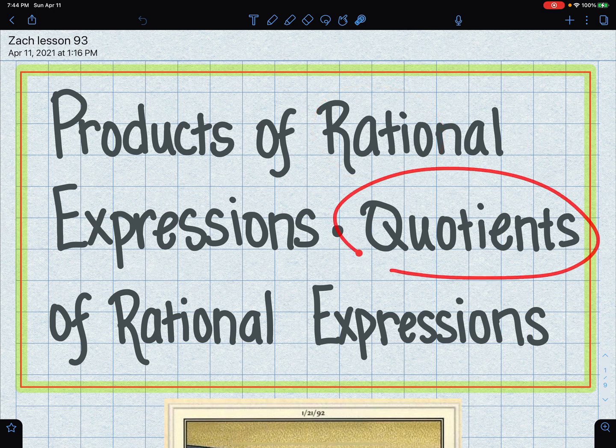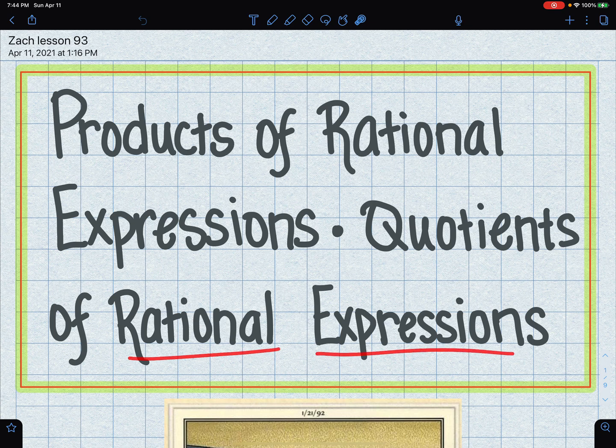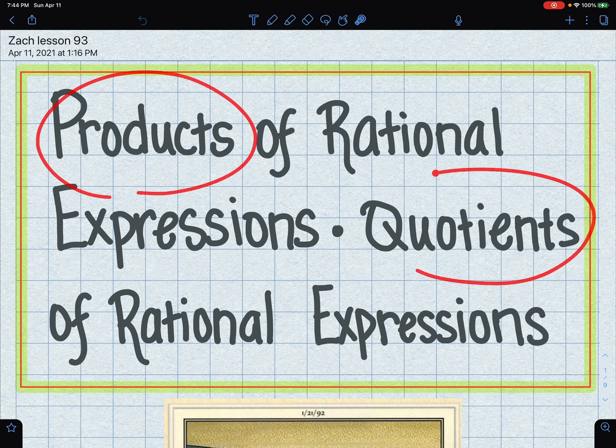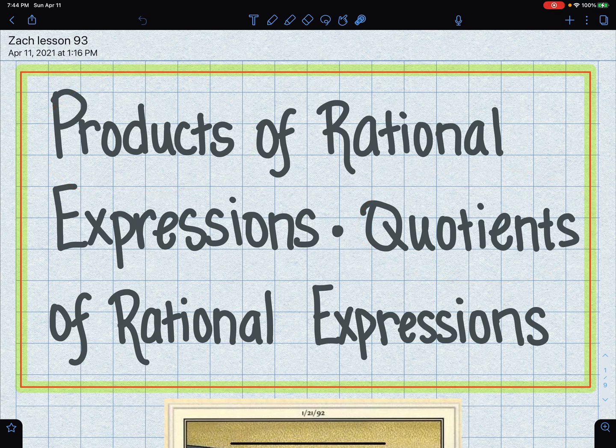And quotients are the answers that you get when you divide. Of course, you're going to be doing a little bit more than 1/4 times 2/3. You're going to be doing very complex algebraic equations, but you're still going to be multiplying them, dividing them, and the rules turn out to be the same as if you were doing one of those simple equations. So that's why I say you probably already know it if you think about it.